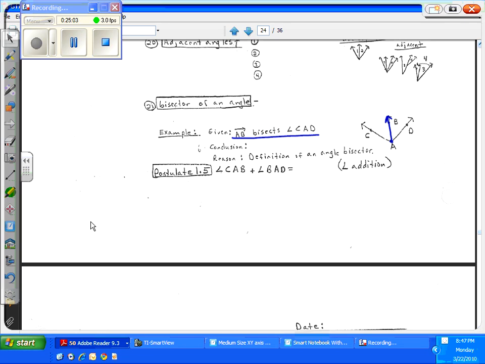Given that ray AB bisects angle CAD, we can conclude that this angle, angle CAB, is equal to or congruent to this angle, angle DAB, and justify that with the reason definition of an angle bisector.